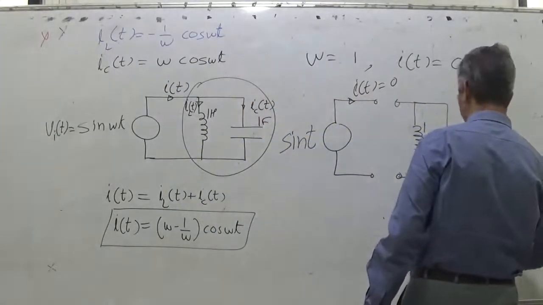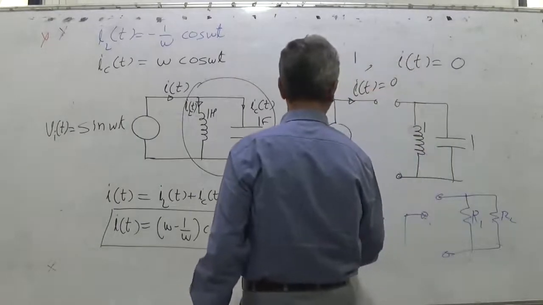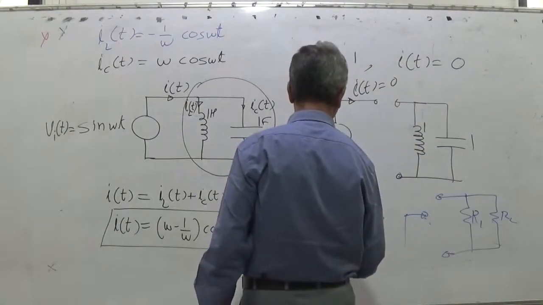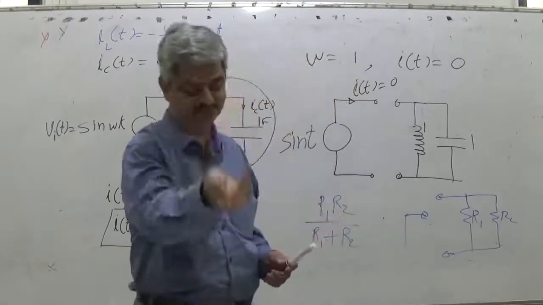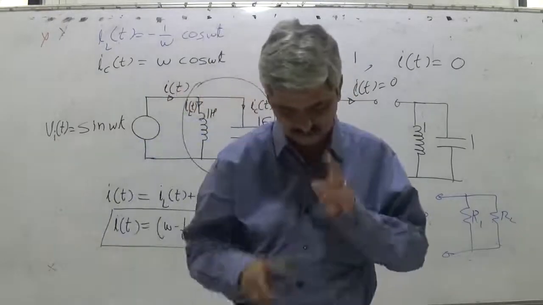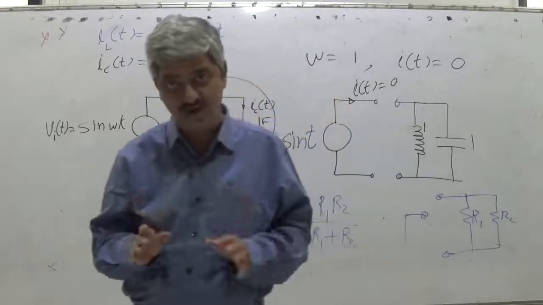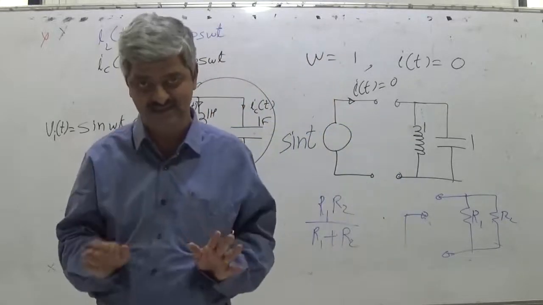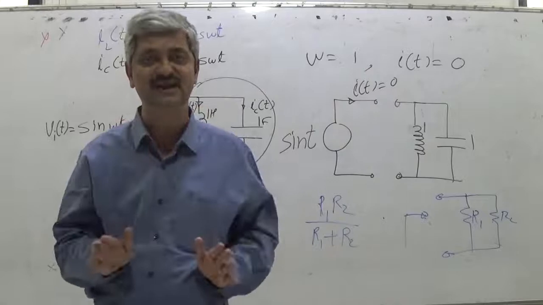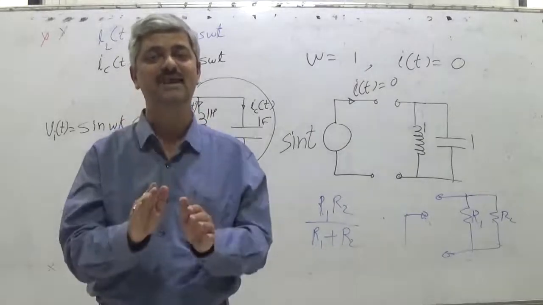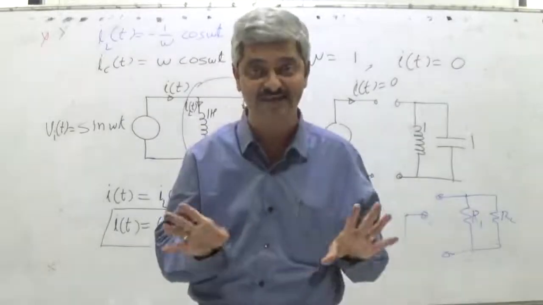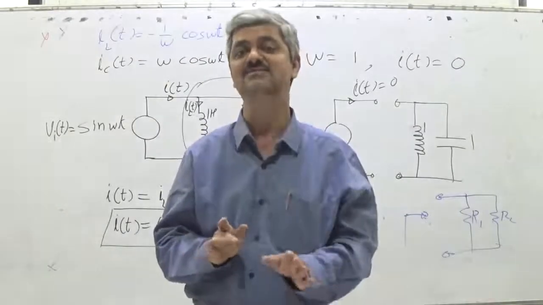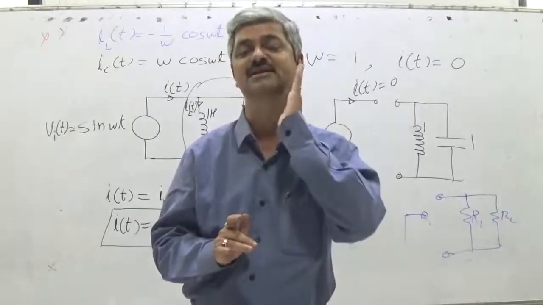It is R1 R2 upon R1 plus R2. In the last lecture we discussed the concept of reactance of inductor and capacitor. Reactance is a resistance-like property of an inductor or capacitor. The only difference is that reactance carries a component which resistance does not.